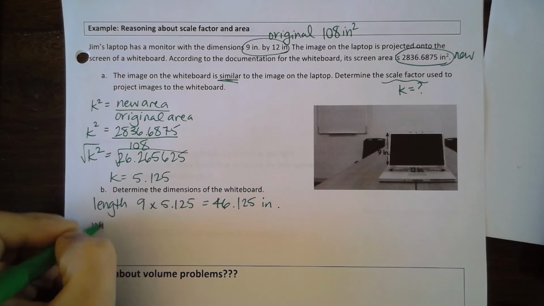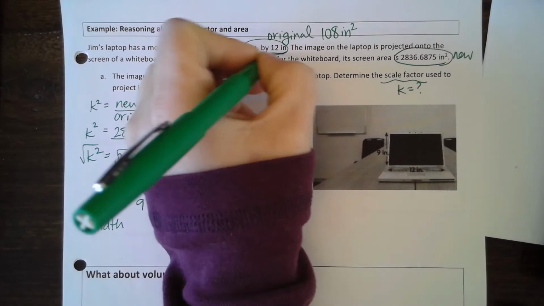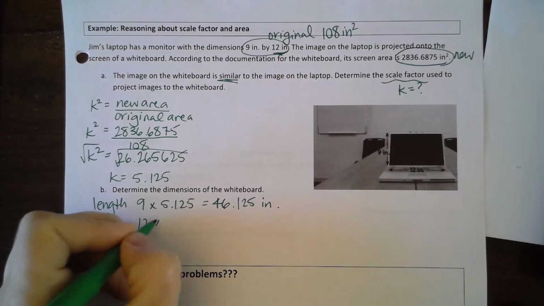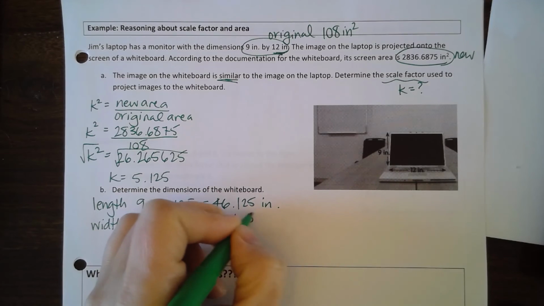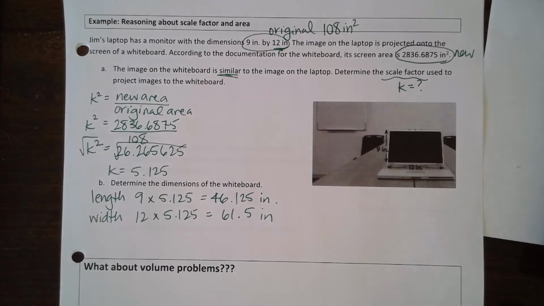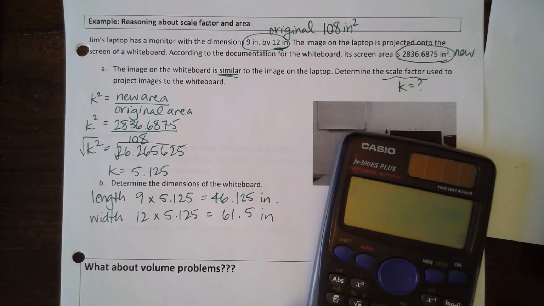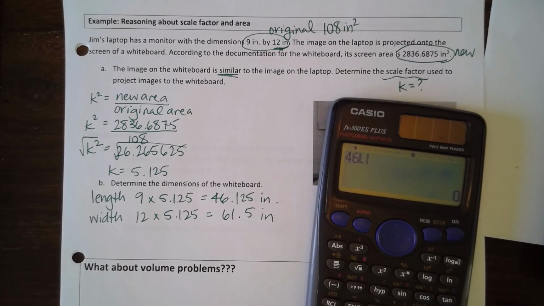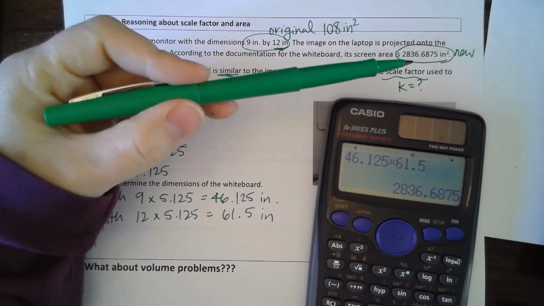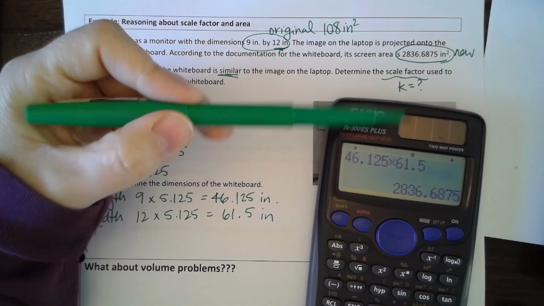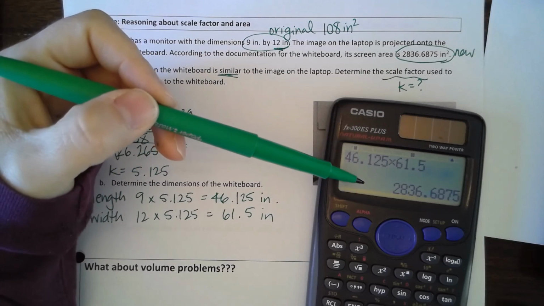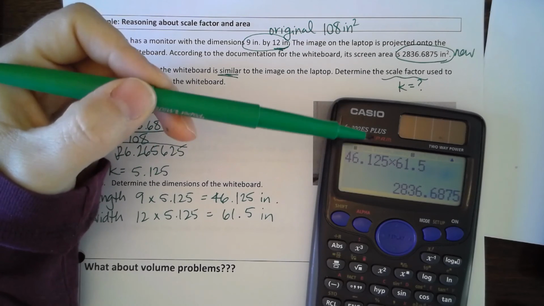The width is going to be 12 inches times my scale factor, 61.5 inches. Now, if I did that right, if I take 46.125 and multiply it by 61.5, I get this area of the whiteboard. So that's how that scale factor and K squared are related.